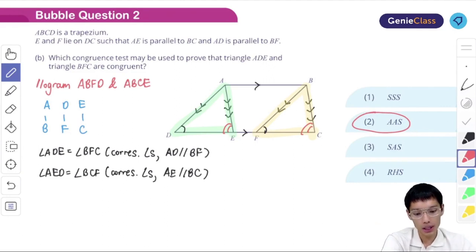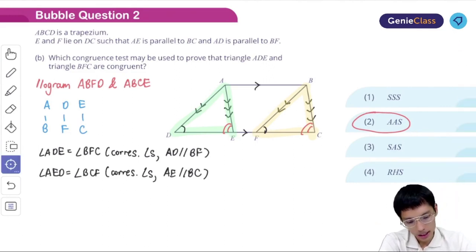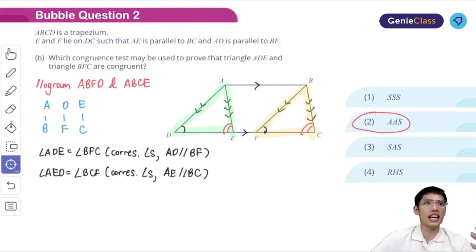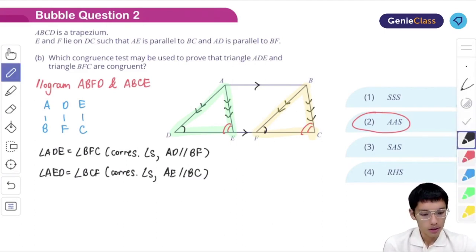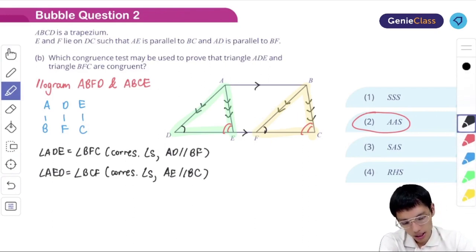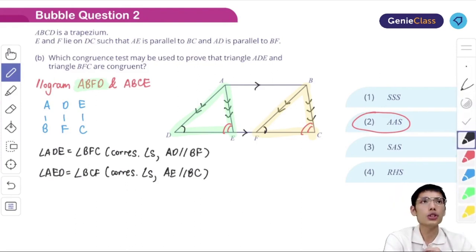In fact, you can use either ABCE or ABFD. Doesn't matter. AAS, ASA doesn't really matter. So in this case, we can just show one of the parallelograms. Let's say I want to show ABFD. So how would I show it?